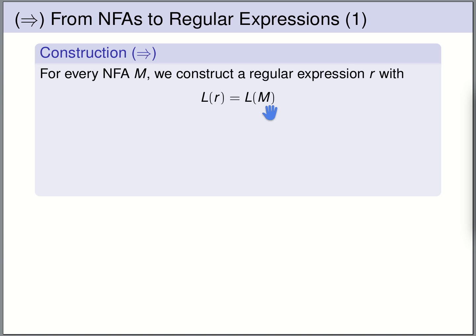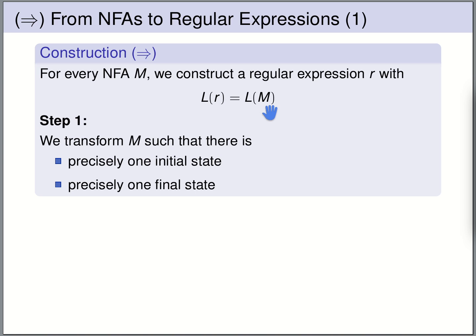The first step is to transform our automaton such that the automaton has precisely one starting state and precisely one final state. If you recall how this is done, in order to make the automaton have precisely one starting state, we add a fresh starting state and we add lambda transitions to all the old starting states.